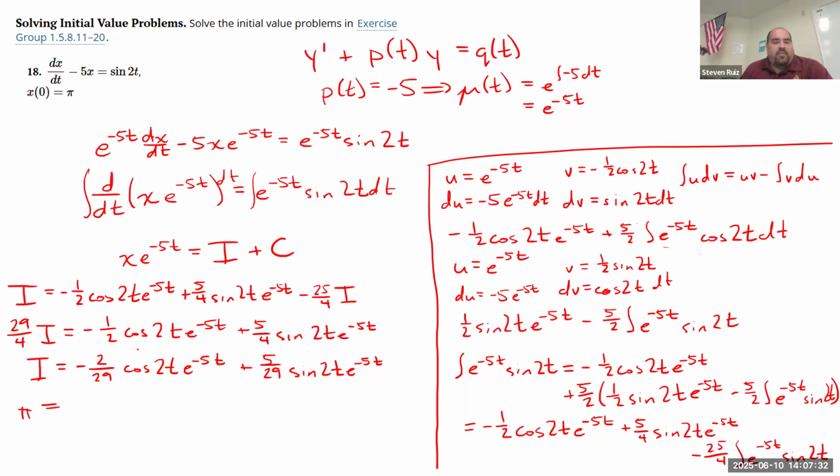Equals, okay, what happens when I plug in 0 for all these t's? The right-hand term will vanish because sine of 0 is 0. Cosine of 0 is 1. So I get negative 2/29.